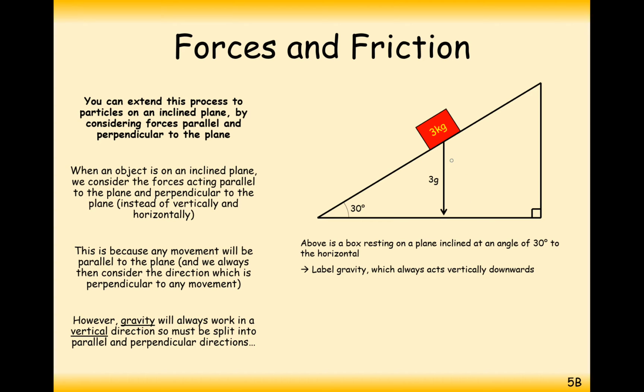So what we're going to do then is resolve this force by creating a right angled triangle with one line going down the slope, parallel to the slope, and one line that is perpendicular to the slope. So this red force here will be the force that's pulling the object down the slope. Remember, whenever you resolve a force, the force that you're resolving has to go on the hypotenuse of your right angle triangle, because we want the resolved forces to be less than the 3g force here.